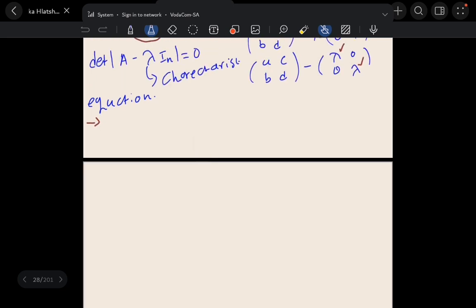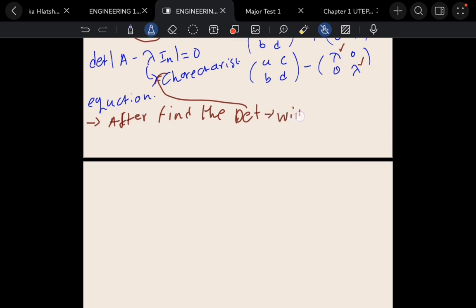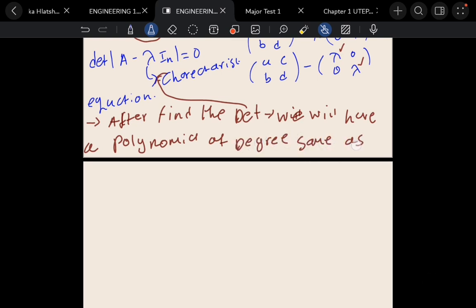Now what you'll have after finding the determinant of this thing, we will have a polynomial of degree the same as the order of the matrix.